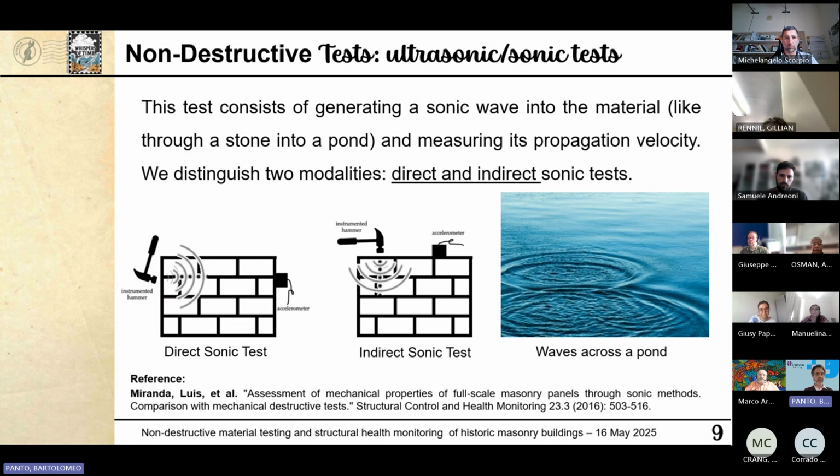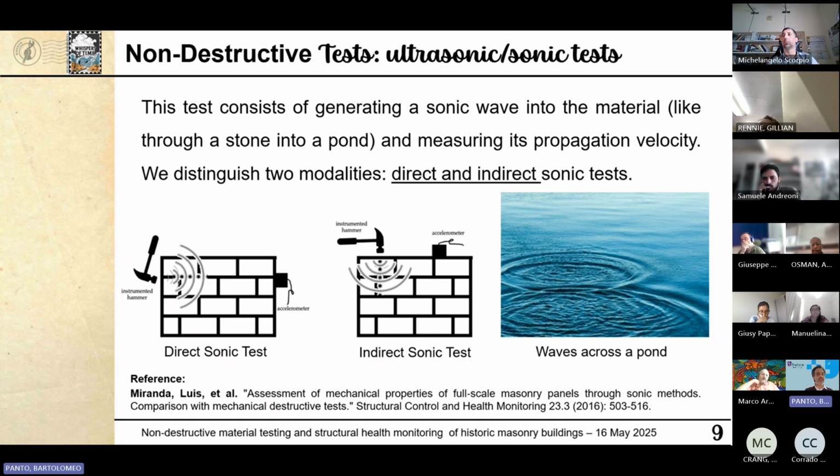If we generate a sonic wave into the material, very similar to what we do when we throw a stone into a pond, in the pond we can see the waves propagating. In the materials, it is the same. The only difference is that the magnitude of these waves is much smaller.